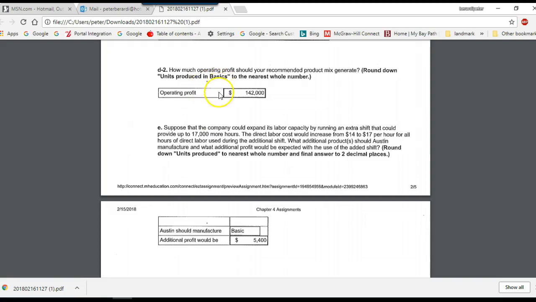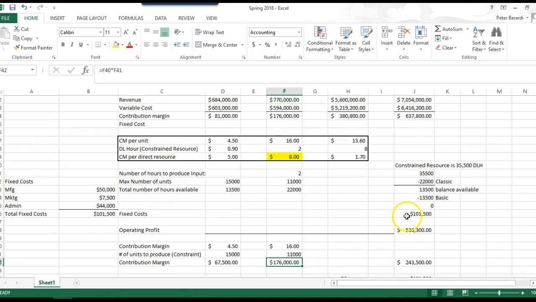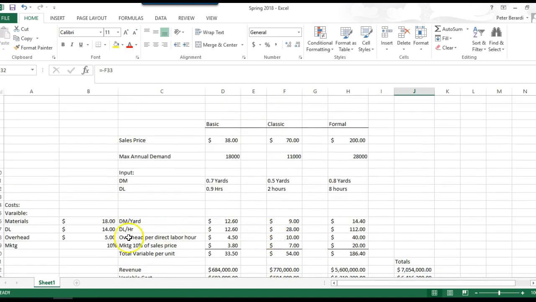So let's do this last piece. I'm going to copy over this and put 52,500 in there. And I'm going to go to our input and say direct labor hour instead of $14 is $17.